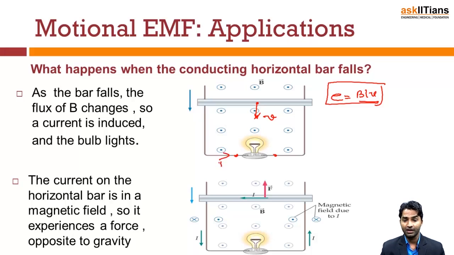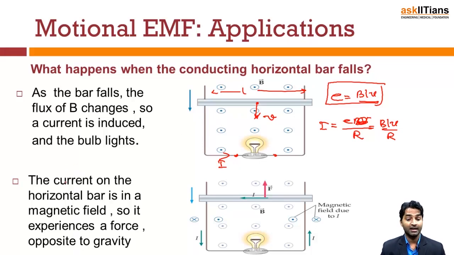We want to find the current, so I is equal to E by R, that is equal to BLV by resistance R. L is the length of the conductor, this part. B is the magnetic field strength into or out of the plane, and V is the speed with which it is moving or changing the area.